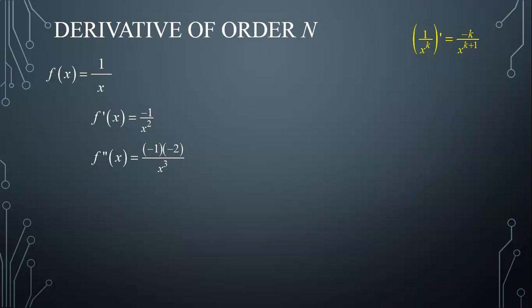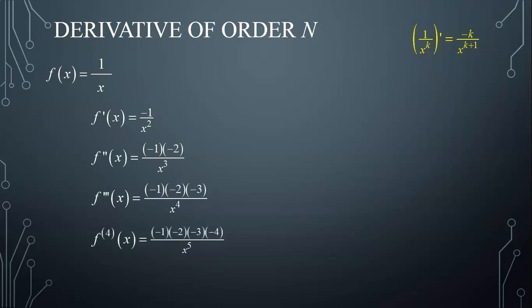Similarly, in order to find the third derivative, I also differentiate 1 over x cubed using the same derivative for k equals 3. And then I end up with f triple prime equals negative 1 times negative 2 times negative 3 over x to the 4.